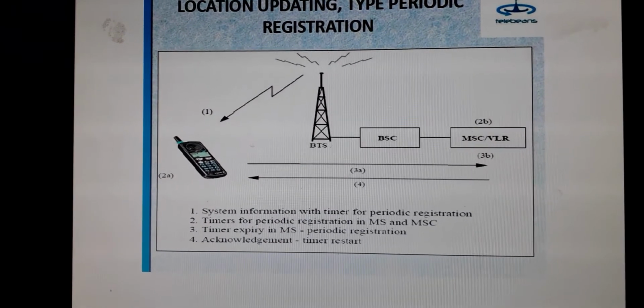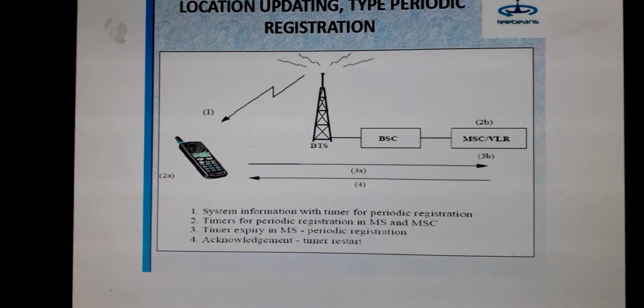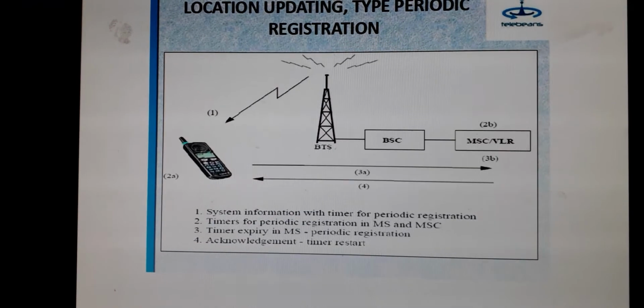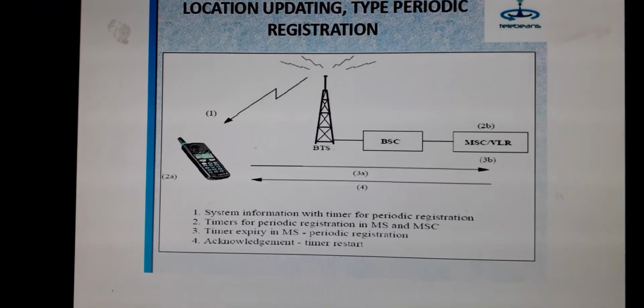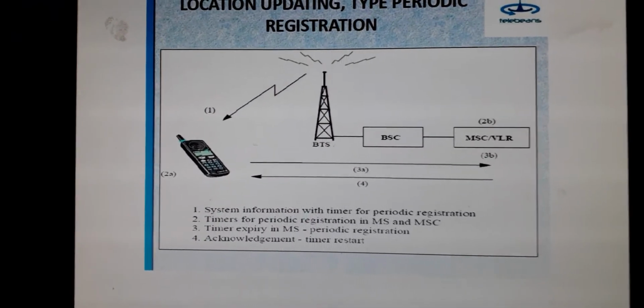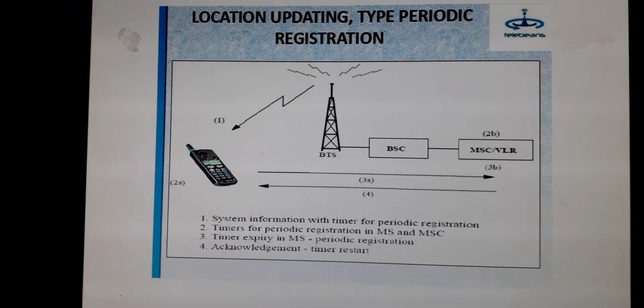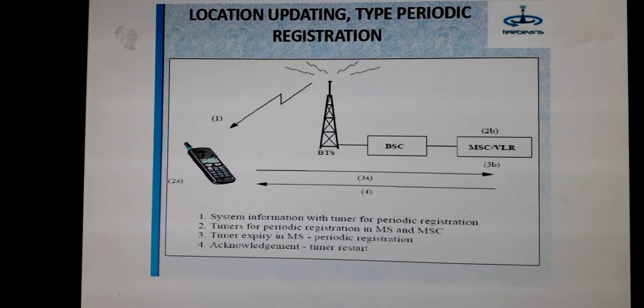There are some timers which are used for periodic registrations on the mobile station as well as the MSC. It is a 4-step process.